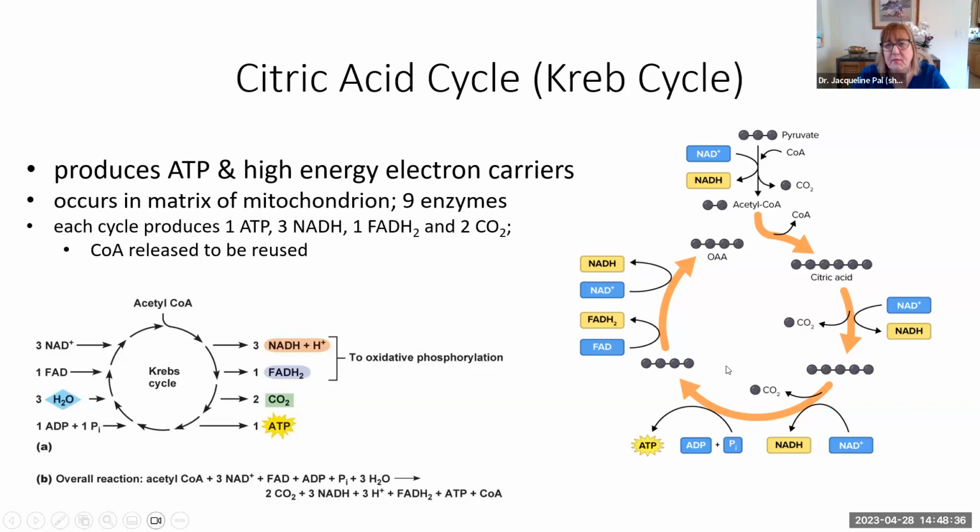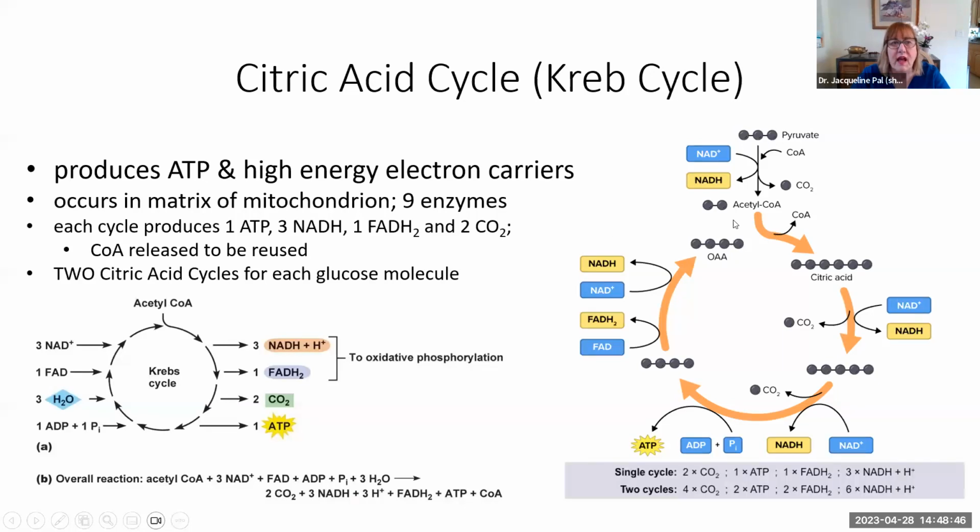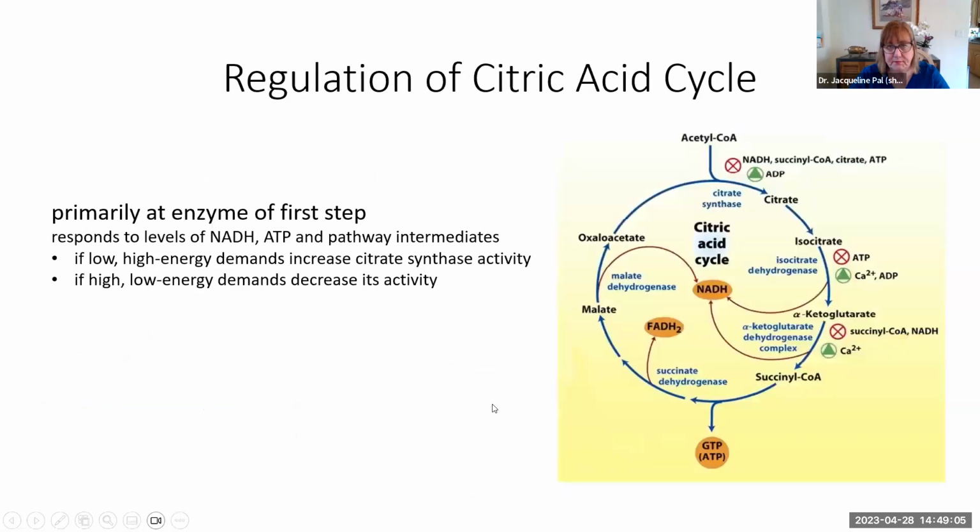And in doing that, because we're blowing off a couple of CO2s, we end up with a 4-carbon molecule at the end there. So realize once again, we have 2 citric acid cycles for every glucose molecule. So at the end of 2, we've released 4 carbon dioxides. We've made 2 ATP directly. We've made 2 of the FADH₂ electron carriers and 6 of the NADH electron carriers.